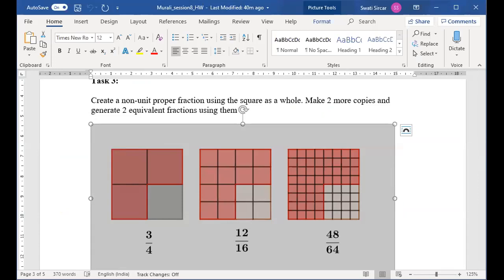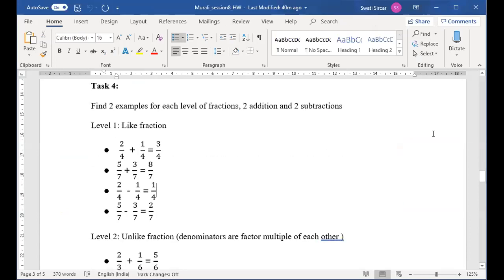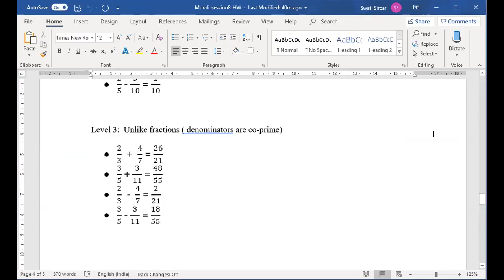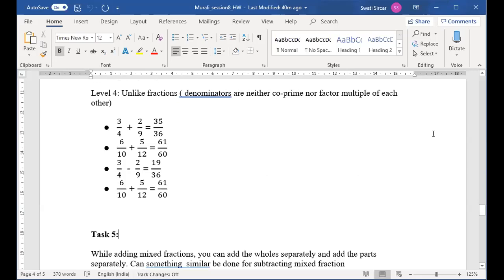Now task 4, I think most people got task 4 correctly. I just have some things to point out. Very few, not much. See, for example, 10 and 12 are correct, okay, because they are neither co-prime nor are they factor multiples of each other. What about 4 and 9?